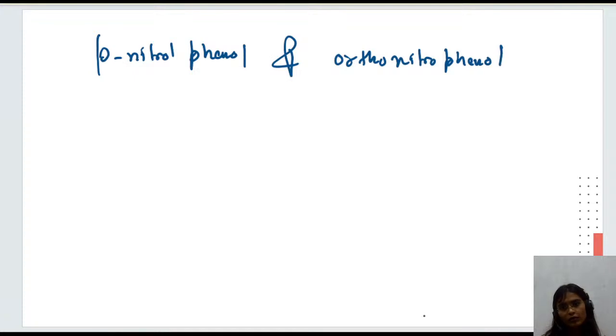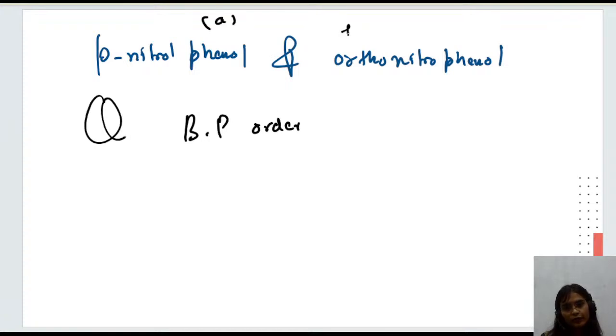Let's say this is A and this is B. Which one has the maximum boiling point? Para. So yes, you're right, that is para. The reason is again the hydrogen bonding present here.